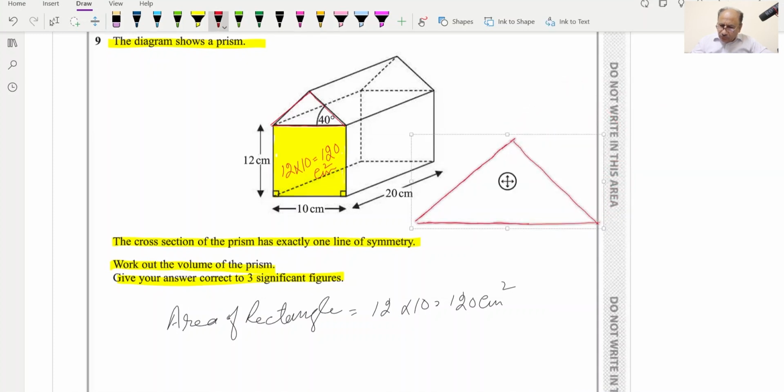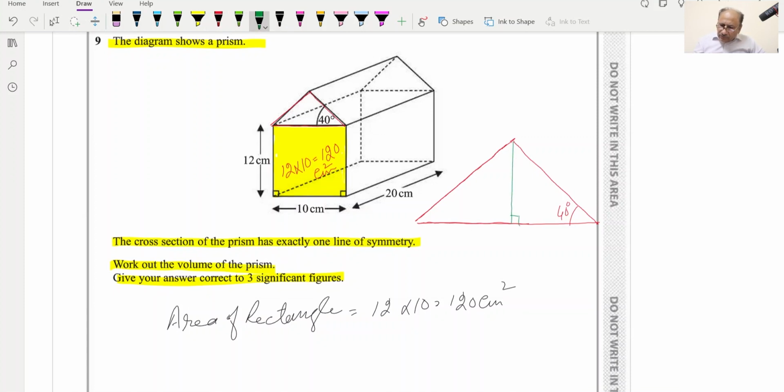I will place it over here, and the area of this triangle is required. We know we have this one angle as 40 degrees, and we can split this into two triangles like this one.